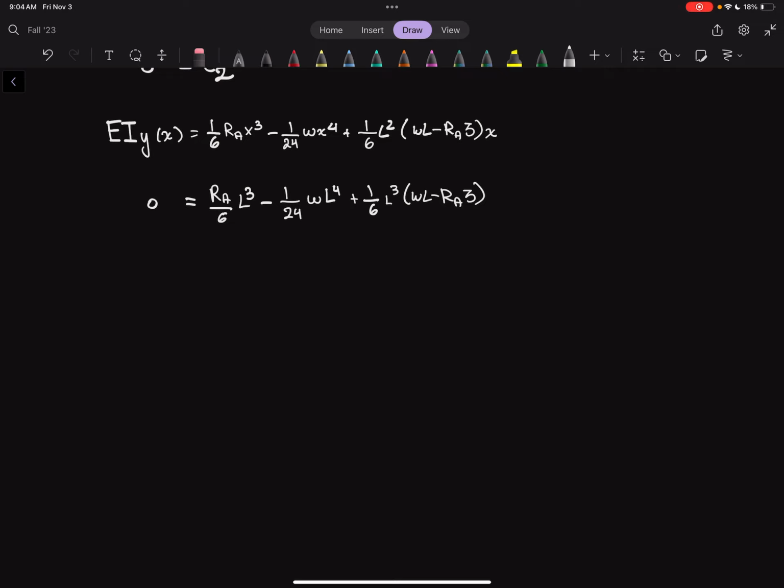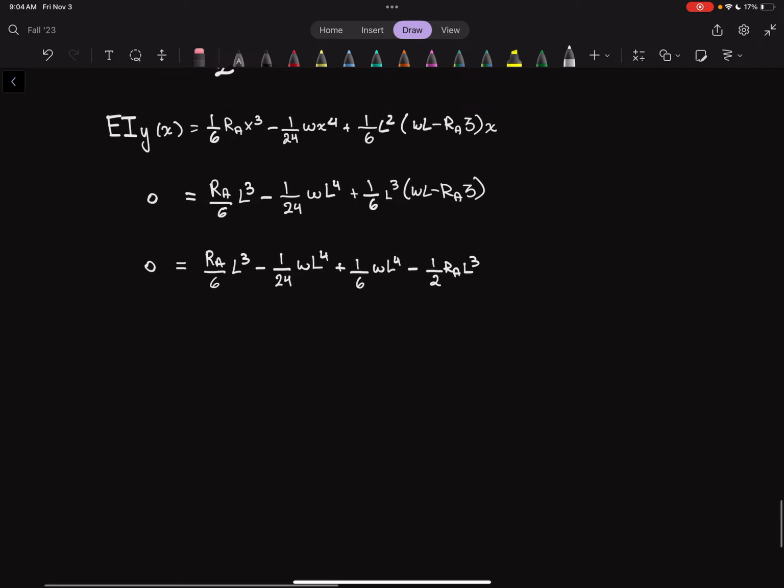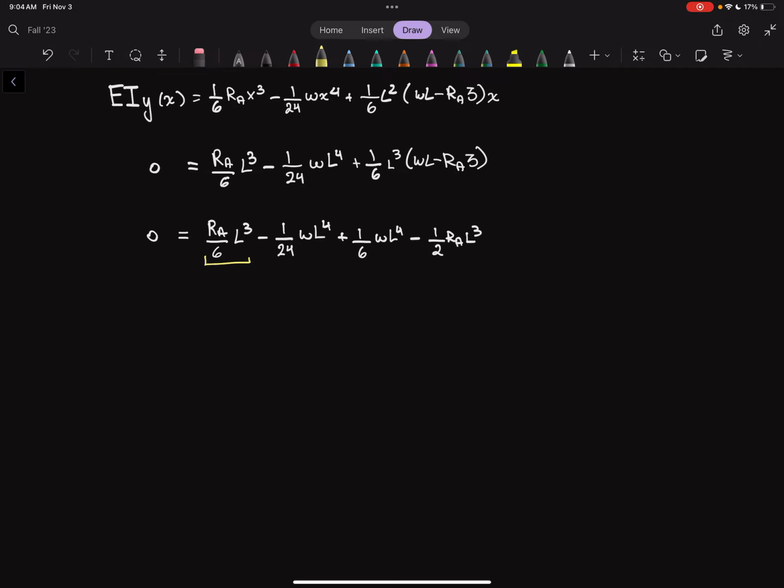And so how would we do that? Well, let's simplify this a little bit. RA over 6 L to the third minus 1/24 WL to the fourth plus 1/6 L to the fourth W, minus 1/2 RA L to the third. So these are similar.